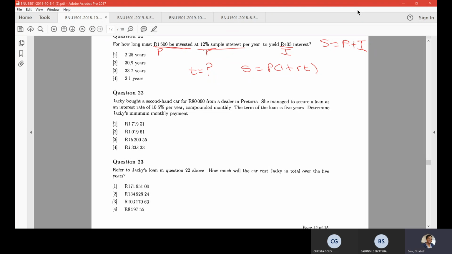What will be your S? I gave you the formulas. S will be, come on guys. I'm giving you the hint already. S is P plus I. And what is our P?